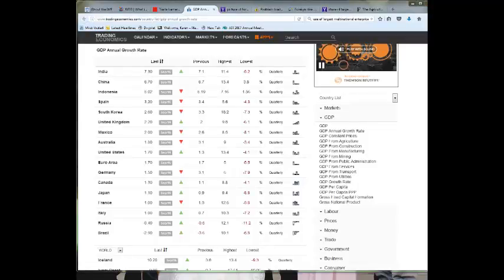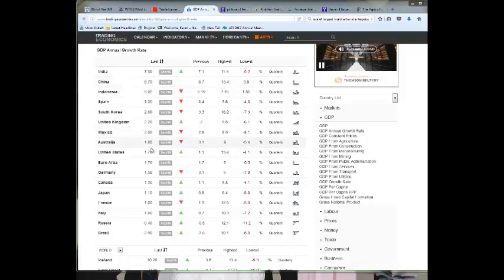So why do you hear so much about China? Well, because here I've gone to a website called Trading Economics, where it looks at not the actual GDP, but how much the GDP is growing in these countries each year. So you'll notice that India's economy is growing at 7.3% per year, followed by China's economy of 6.7% per year.